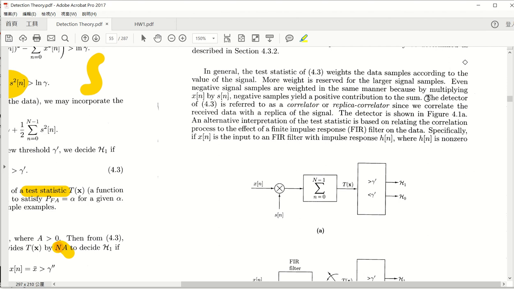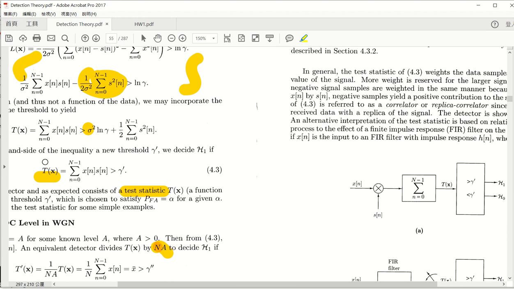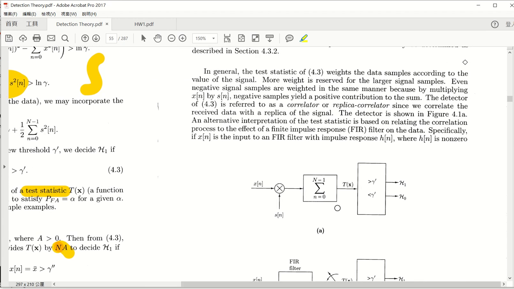I want you to pay special attention to this sentence. The detector of 4.3, which is this one, is referred to as a correlator or a replica correlator, since we correlate the received data with a replica of the signal.